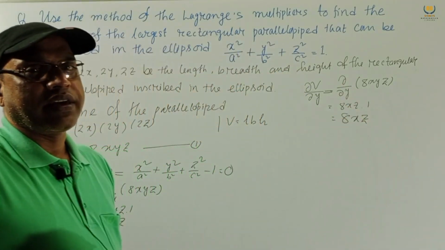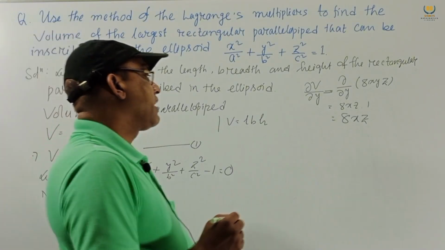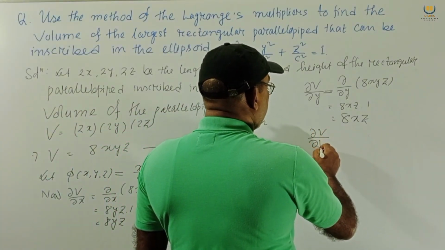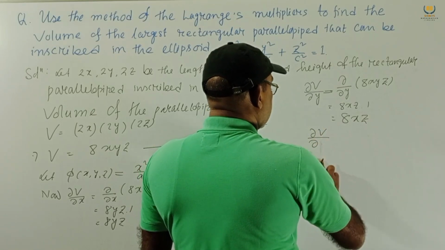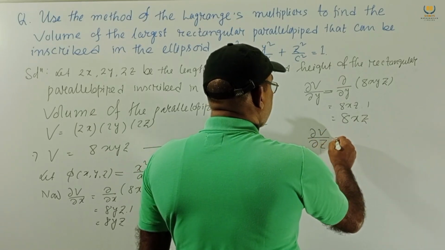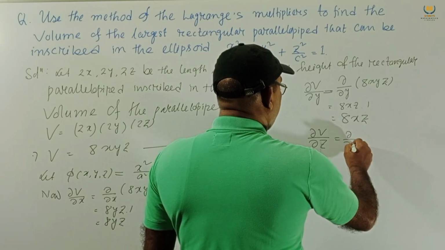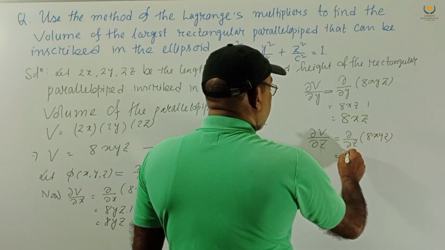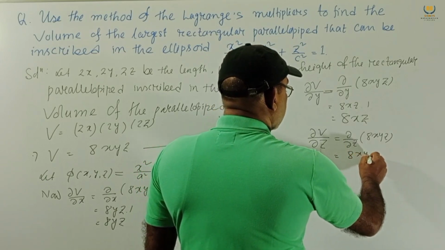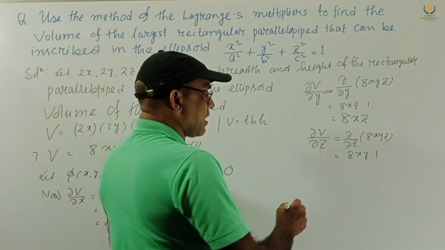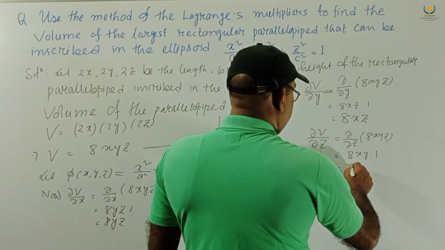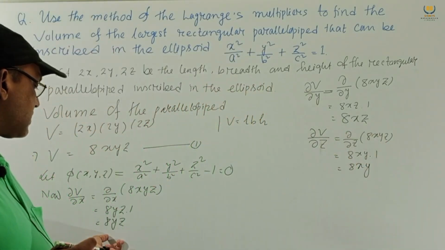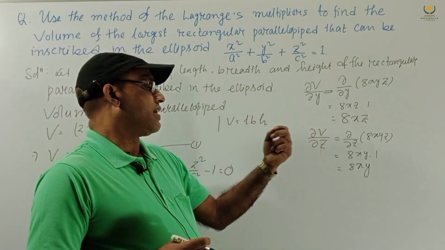This is del v by del y. Next, del v by del z equals del by del z of 8xyz, and 8xy is outside, del z is 1. This is 8xy we get. So we get del v by del x, del v by del y, del v by del z.